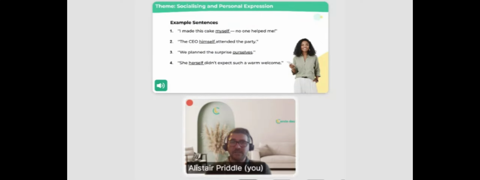Our examples are, number one, I made this cake myself. No one helped me. Number two, the CEO himself attended the party.